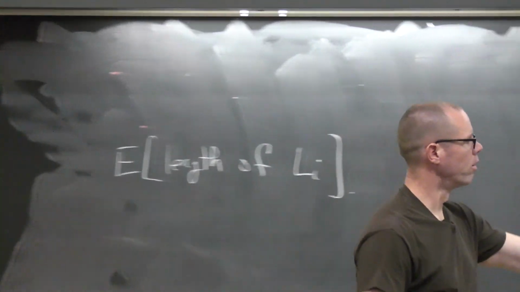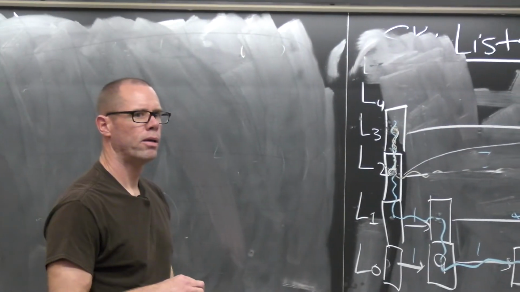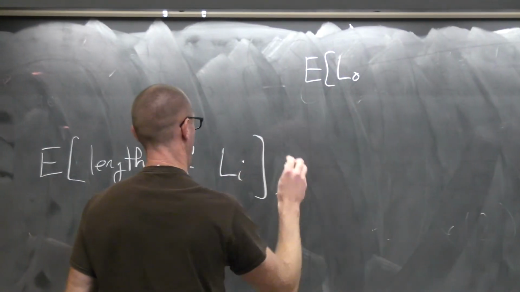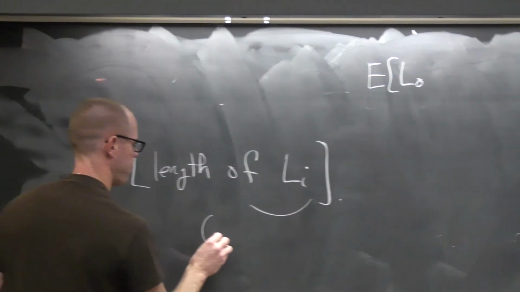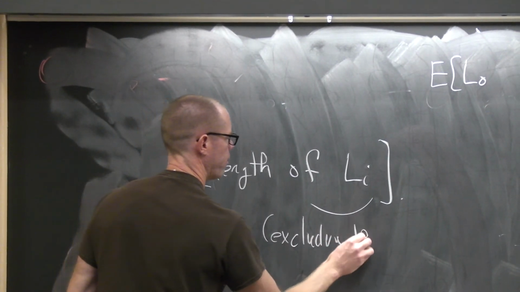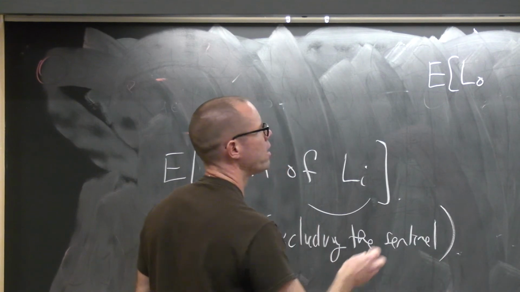So the list L0, L1, L2, L3, L4. So here's an easy one. This is excluding the sentinel. I won't count the sentinel.